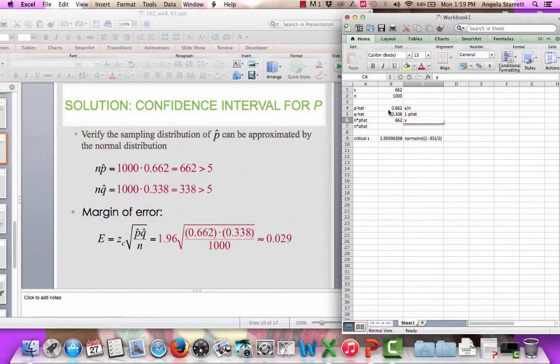I say yes, because it's greater than or equal to 5. Now n times q hat. Again, yes, this is greater than or equal to 5. So yes, we can use a normal distribution here.